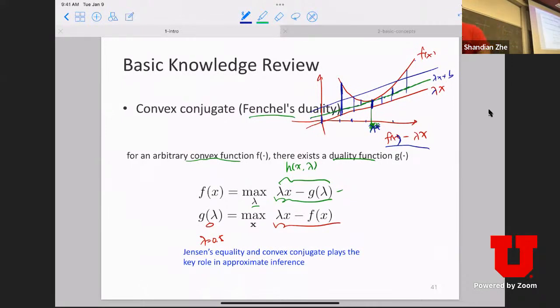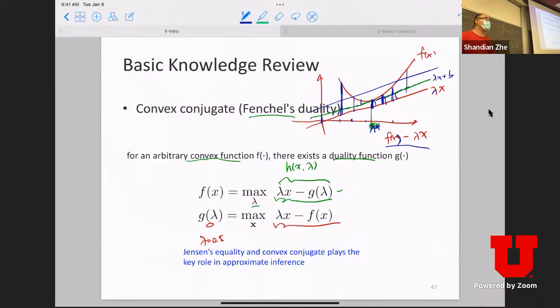Because for any other places, f is above this function body, so this line must be longer than this one. And this line must be longer than this. Why? Because they are in parallel, so this part, they are the same.